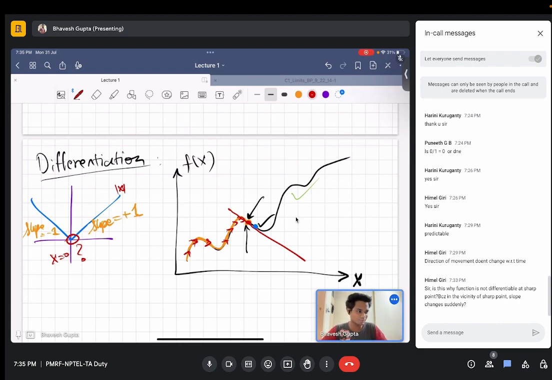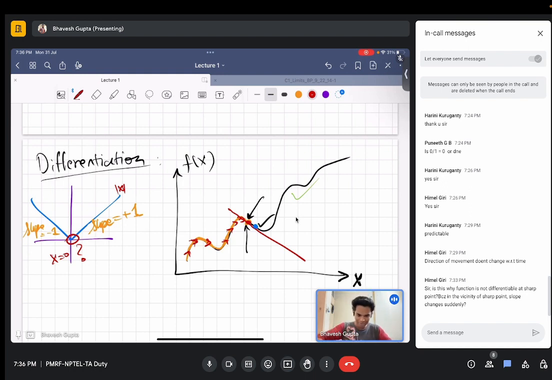They're not differentiable. So you can understand the whole idea of limits carries forward to differentiability. There is no difference, right? In the case of limits, you are talking about the value of the function, but in the case of differentiation, you are talking about the rate of change.